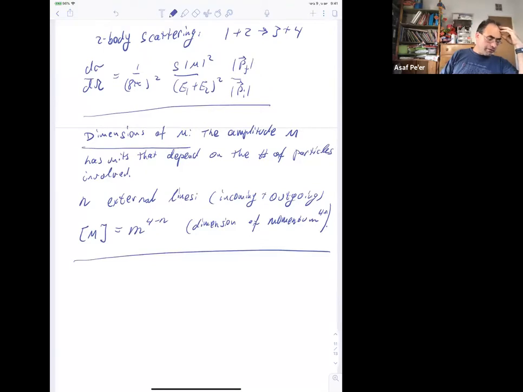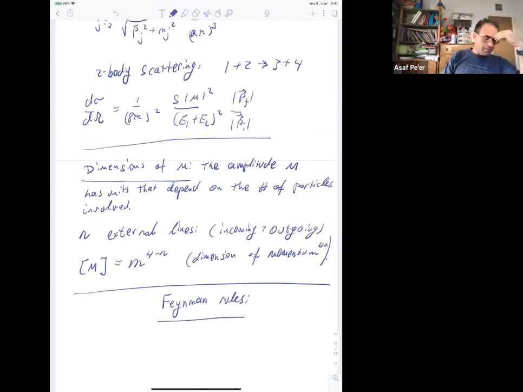So let me now introduce you to the Feynman rules. The Feynman rules tell us how to calculate this amplitude from the Feynman diagram. Once we know M, we can put that in the formulation that we derived for the decay rate or for the cross section, and then we can directly calculate the cross section or the decay rate of the particle.